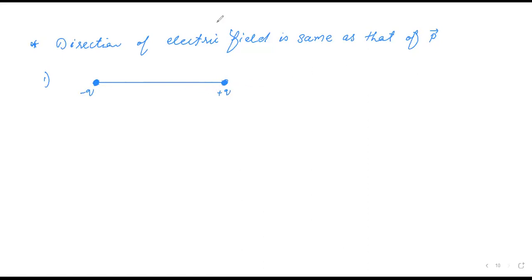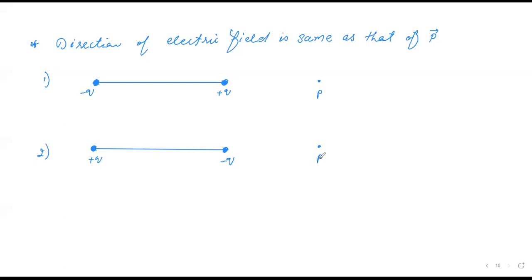And what will be the direction at this point P? This is our first case. In another case, we have reversed this dipole. Then this is your plus Q and this is your minus Q. And now what will be the direction of this dipole at this point P?